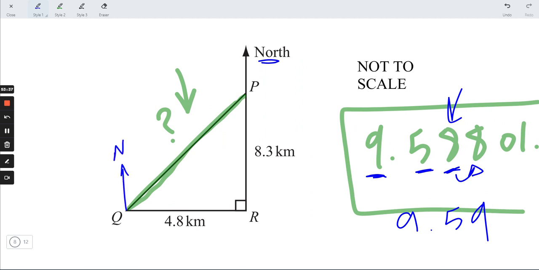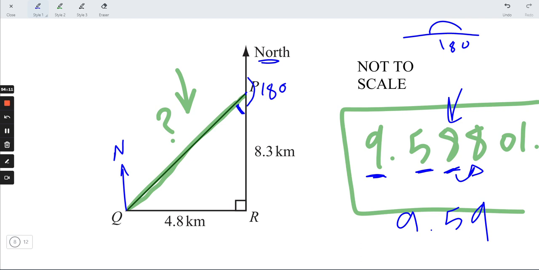You should use your protractor in this case, and we know the angles on a straight line are no more than 180 degrees, and P with the north line makes 180 degrees. So you should find out the rest of this angle here.